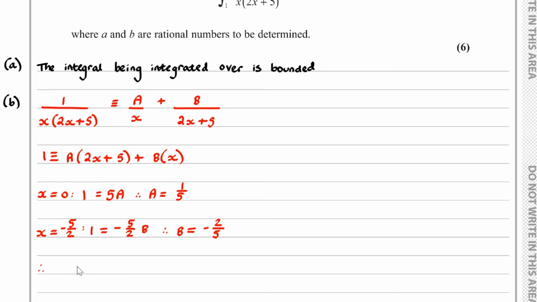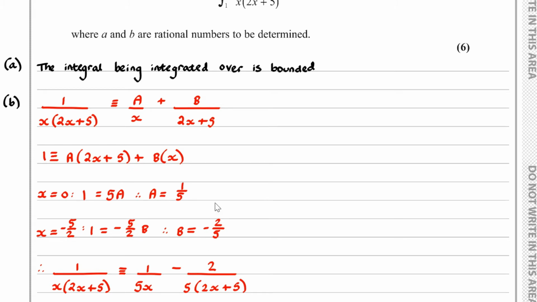So therefore, 1 over x lots of 2x plus 5, that's equivalent to a over x. So here we've got 1 over 5x minus 2 over 5 lots of 2x plus 5.